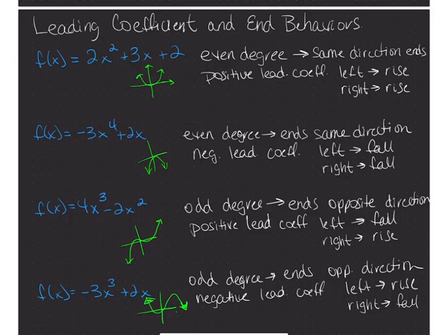If you're odd and it's a negative, you might be starting life on the upscale, going up. But if you continue to be negative, guess what's going to happen? You're going to end negative, right? So if you know that your odds are opposite signs, if it's positive, you're going to end up positive. If it's negative, you're going to end up negative. And then the other side is going to be just the opposite of that.